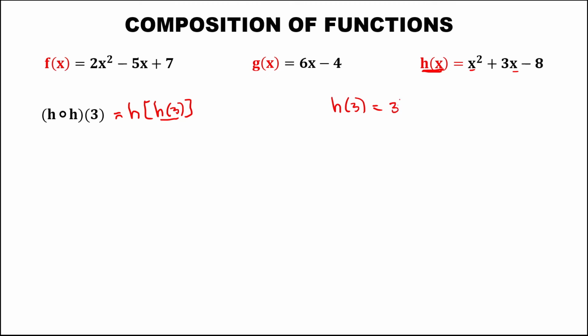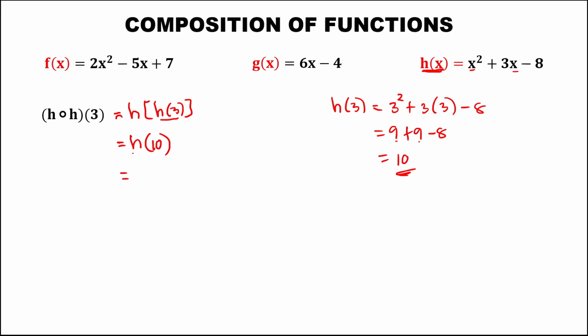So we have 3 to the power 2 plus 3 times 3, then minus 8. And 3 to the power 2 is 9, plus 3 times 3 is 9, then minus 8. So this becomes 18 minus 8, so this is positive 10. So this function becomes h of positive 10.